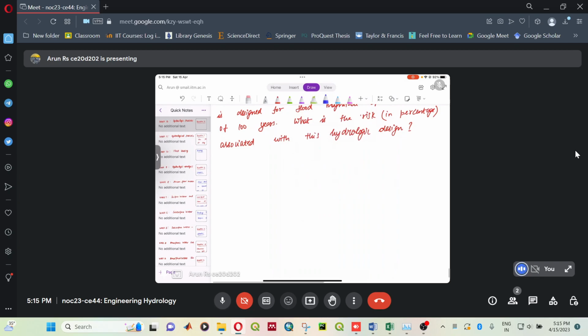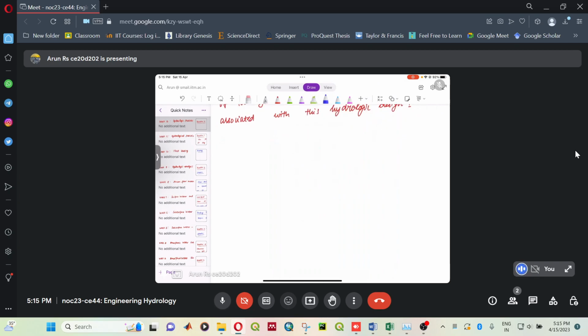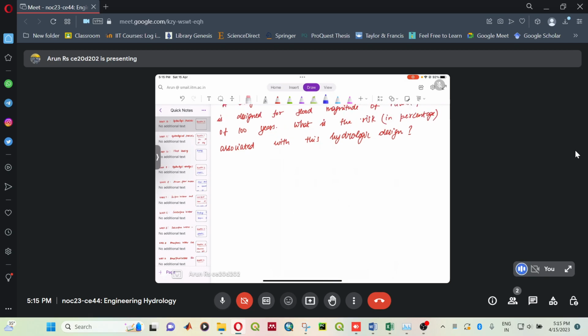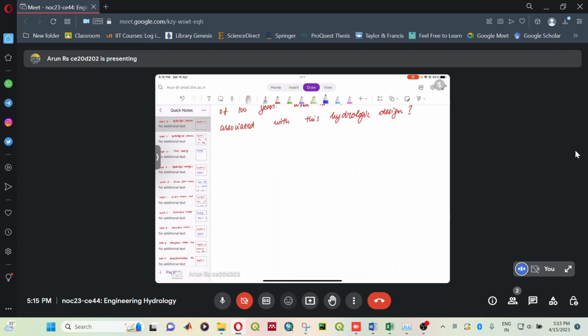Risk is nothing but that during the lifespan of the particular structure, there is going to be a flood of magnitude of 100 years that's going to happen, and your hydraulic structure is not going to perform as expected. So that is what risk means.